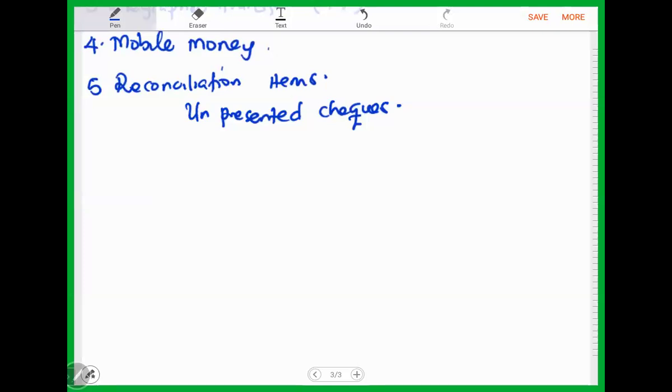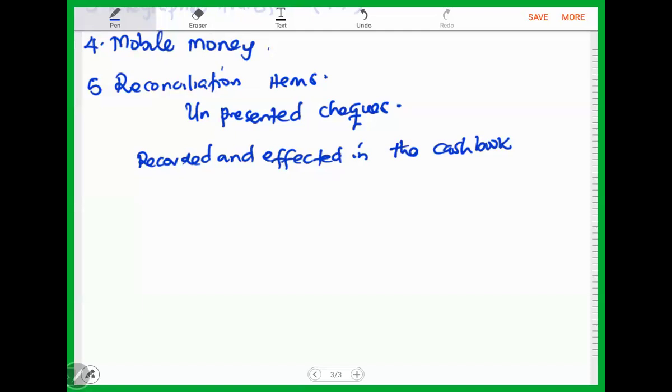We normally say these are payments that have been effected and recorded in the cash book, but the payees have not yet presented the checks to the bank for encashment.